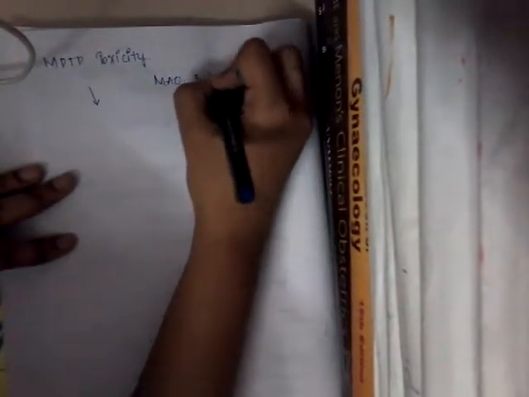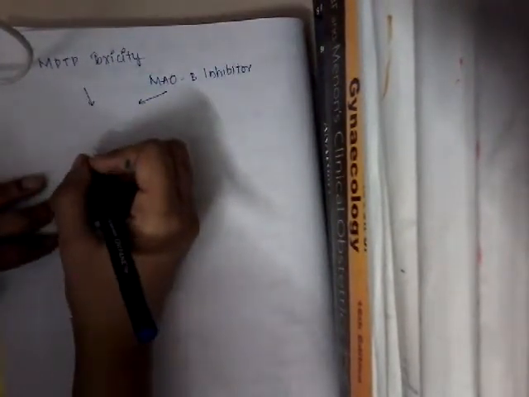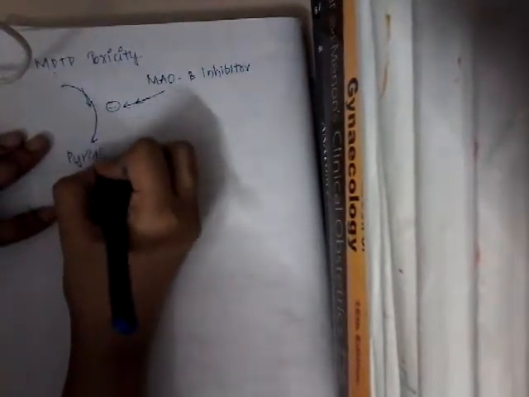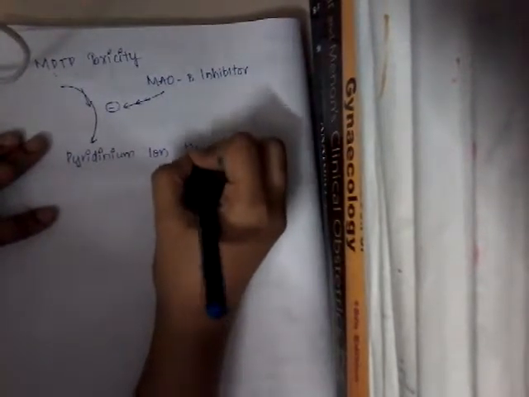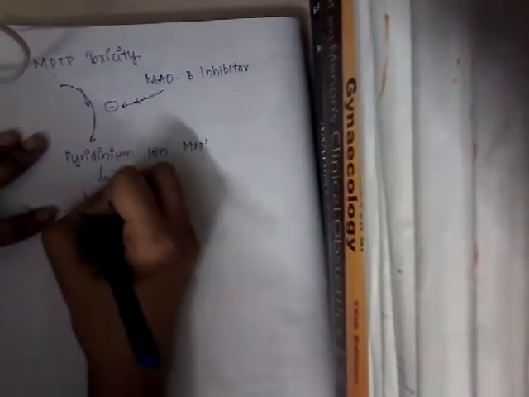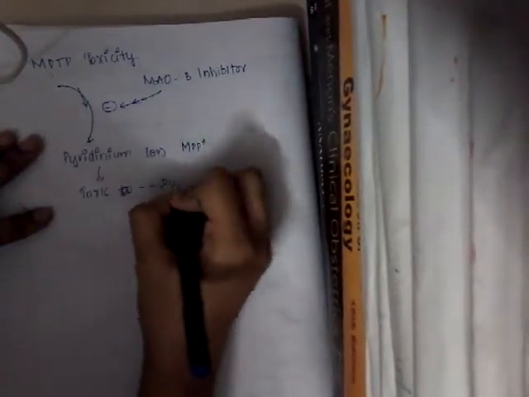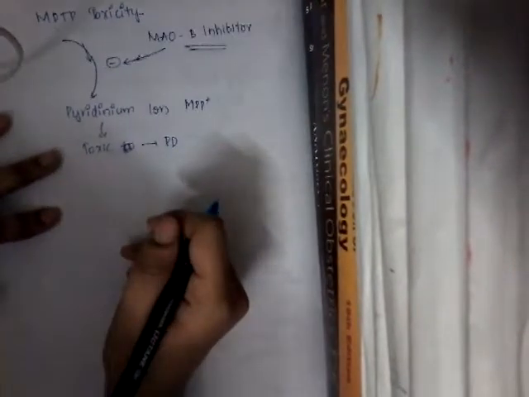When these are given to patients, they block conversion of MPTP to the pyridinium ion, MPP plus, which is toxic to the body, leading to Parkinson's disease. So these will also inhibit this toxicity, right?